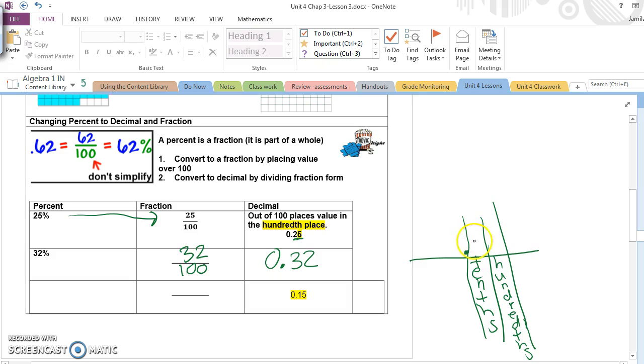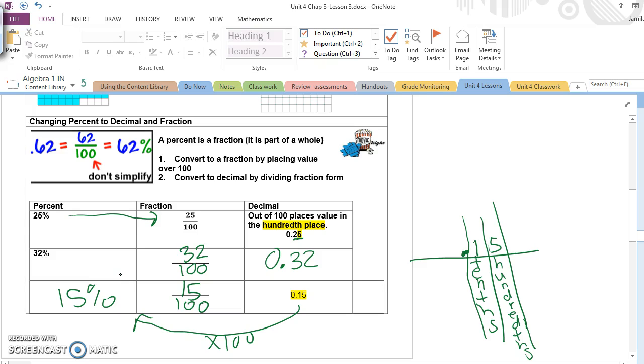So 0.15, so here's my decimal, 1, 5. This means 15 out of 100. So now I have my fraction form. And then remember, in order to take this decimal and turn it into a percent, we simply multiply by 100. So if I take that times 100, it will give me 15%.